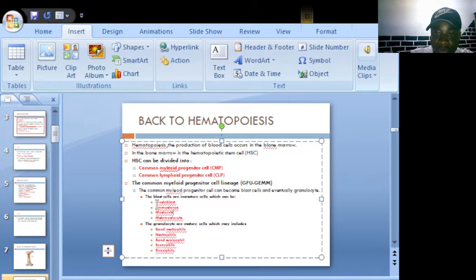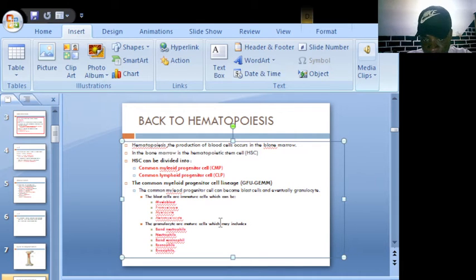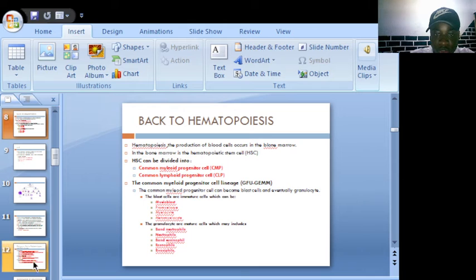Okay, very important. All these cells give rise to the granulocytic cells, and these granulocytic cells normally are the band cells. You can get the band neutrophils, the band eosinophil, the basophil. They are the mature cells, and they are supposed to be seen in the peripheral blood of any healthy person. Okay, good, very important.